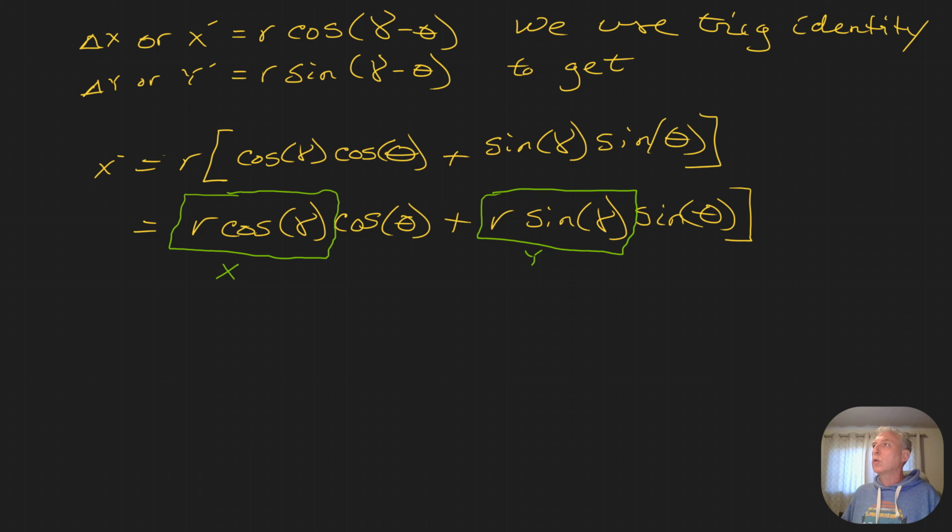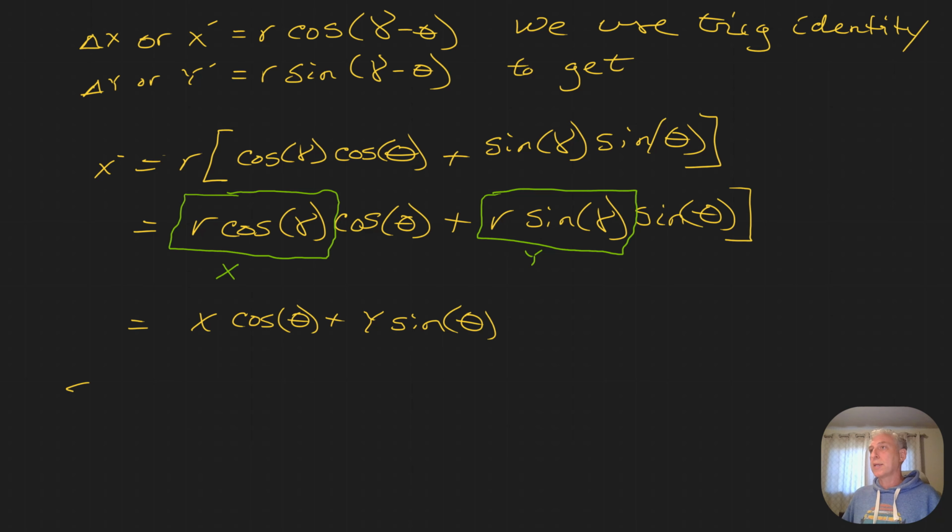So in the original reference frame, I have my x and my y here, and I can rewrite this as x cos theta plus y sine theta. That's much nicer because now I have everything in terms of an original coordinate and the amount of rotation that we're giving our new reference frame. Very convenient, much more convenient than what we had above.